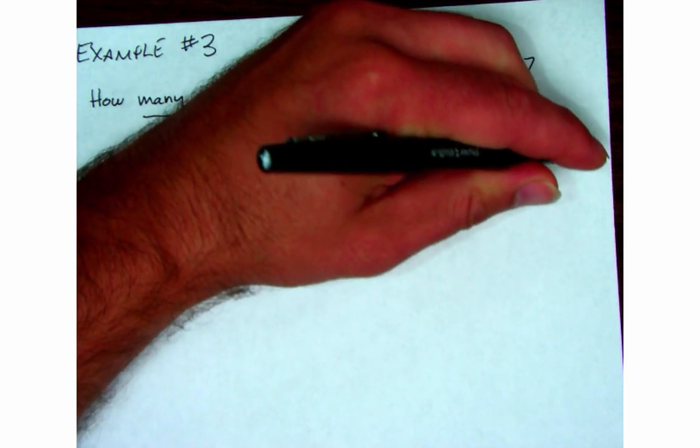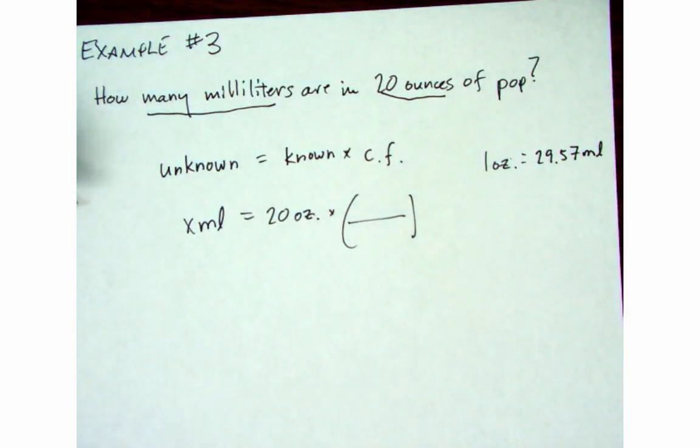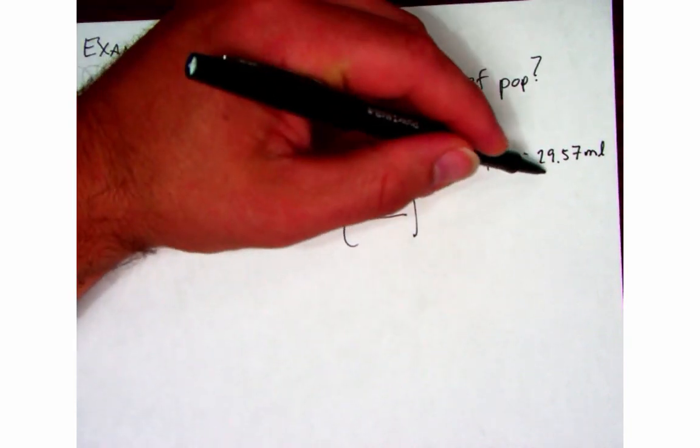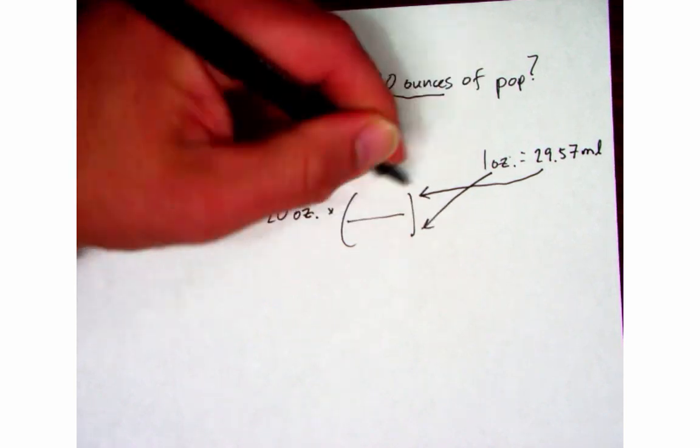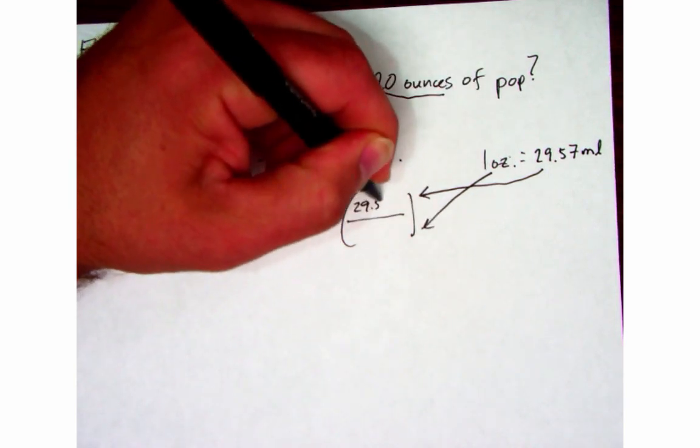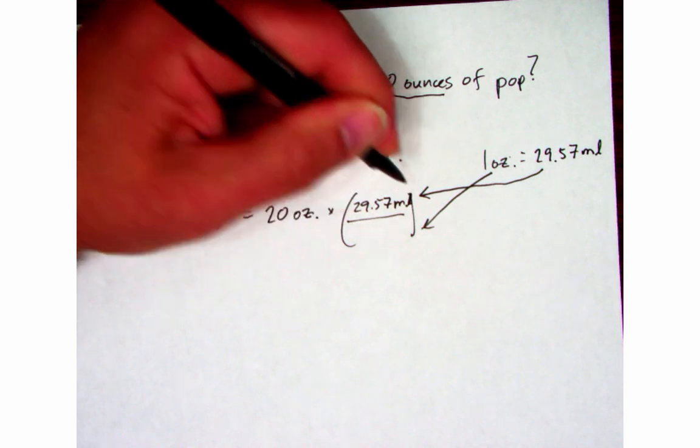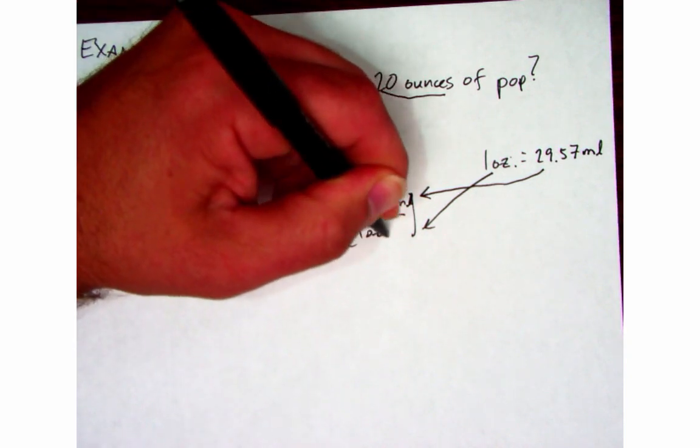So those are the pieces of the equality that go into the conversion factor. So the thing I want to keep is going to go on top. The thing I want to get rid of goes on the bottom. So 29.57 milliliters, 1 ounce on the bottom.